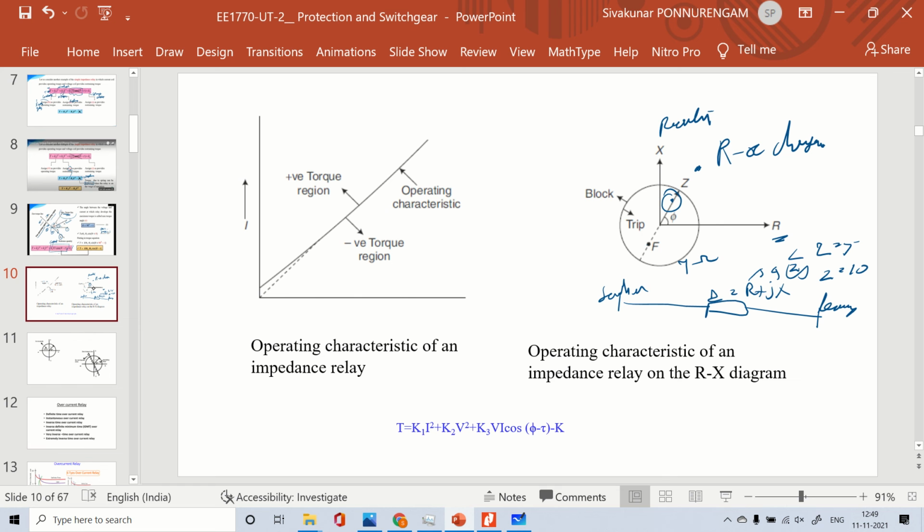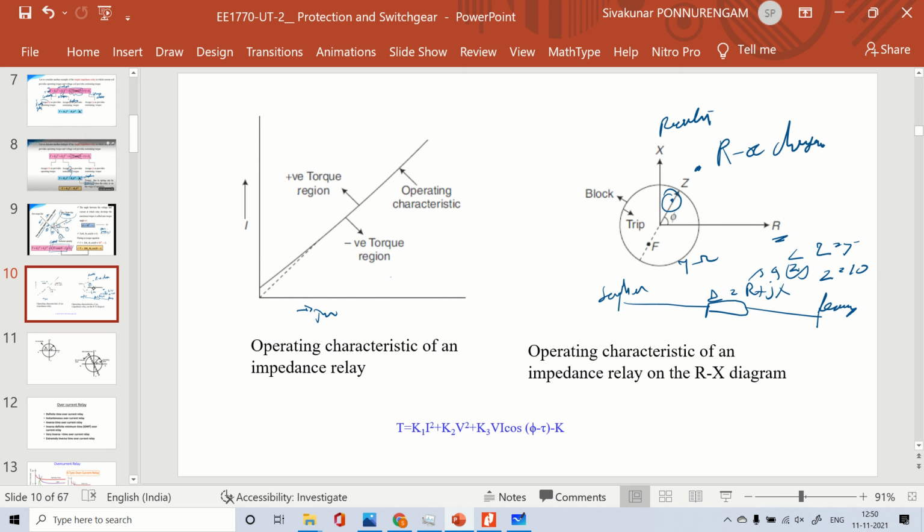So this is the point we are going to consider. Suppose this is the line current, that is the positive torque region, this is the characteristic of an impedance relay, and this is the negative torque region, the operating characteristics. If the magnitude increases, the relay operates in the positive torque region.